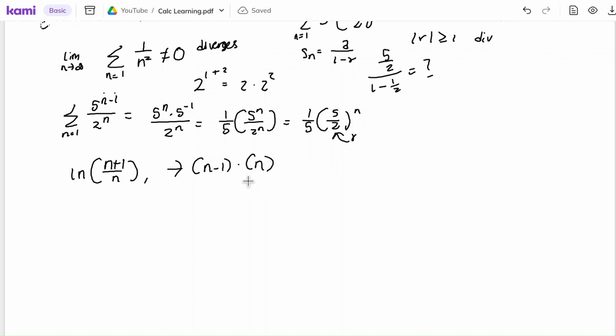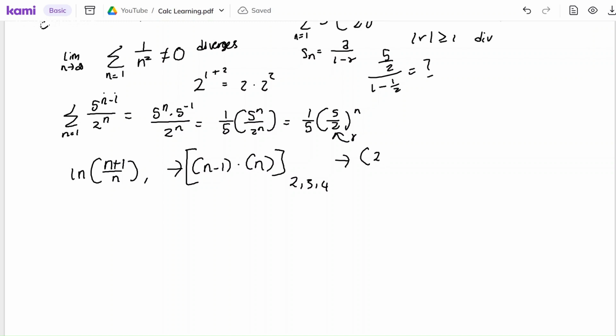Why this is telescoping is because, let's say you plug in 1, 2, 3. If you plug in 1 for n, it will be 1 minus 1. Actually, since the first term is just going to be 0, let's do 2, 3, 4. 2 minus 1 would be 1 times 2.